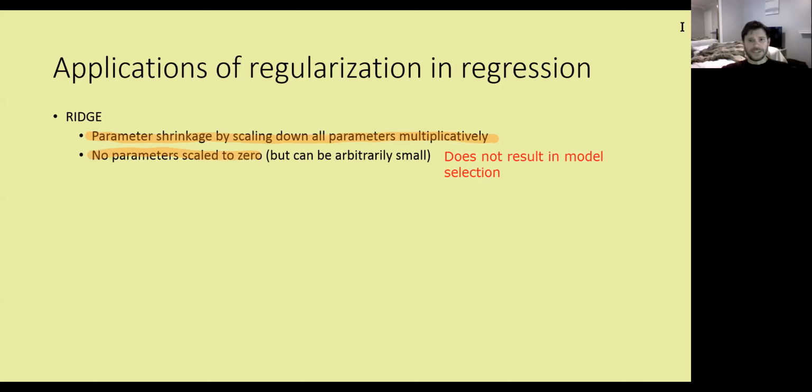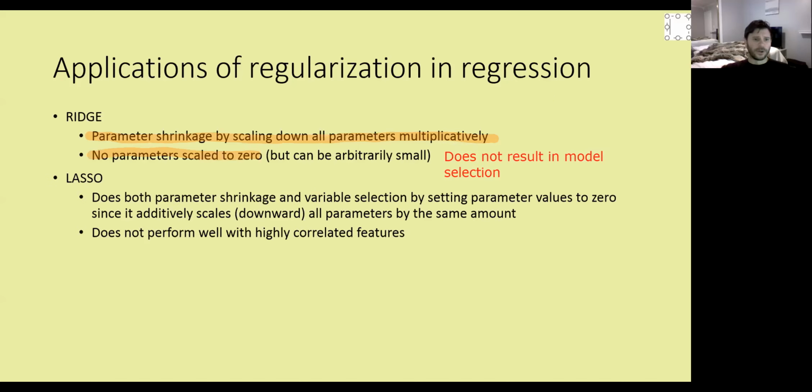Fortunately, there is another technique known as lasso. This is another acronym here, but the lasso regression does both parameter shrinkage as well as model selection. Okay, and it does this by using a slightly different penalty term. It uses really an absolute value penalty term here, and it's an additive scaling.